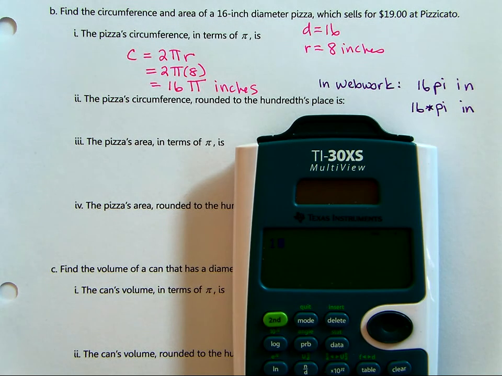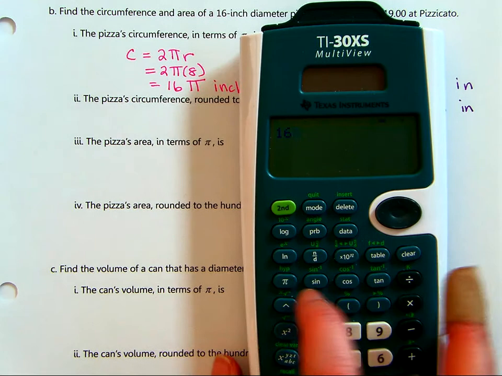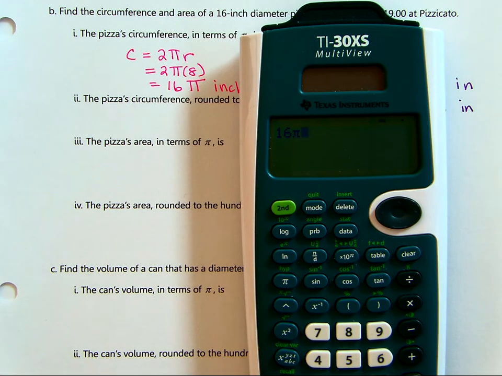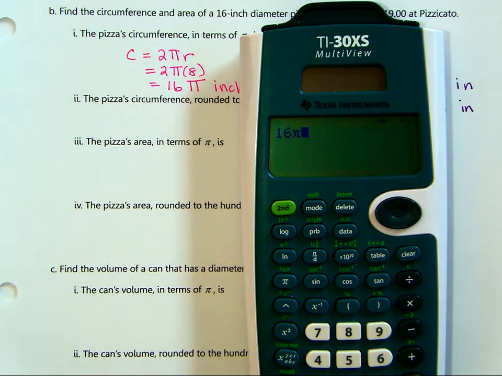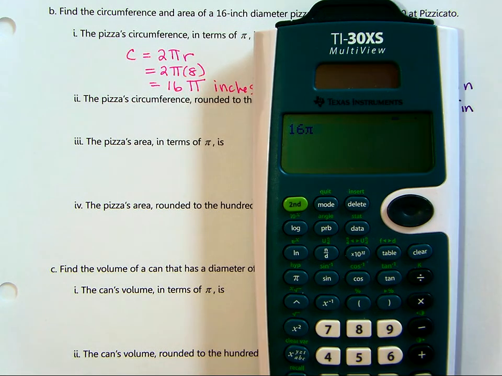And we go 16, if you have a pi key like I do, times pi. Oh wow, it's really dark. 16 pi equals, and this calculator is designed to keep it exact.